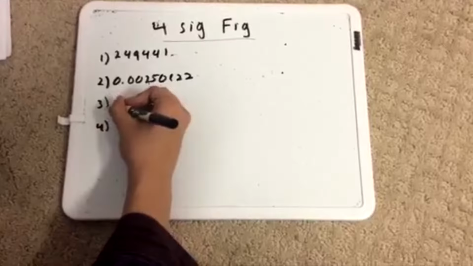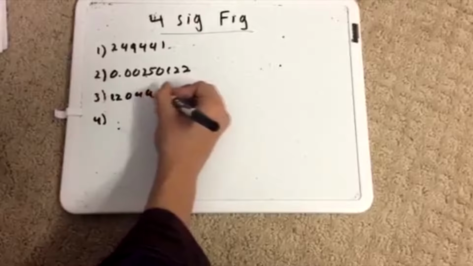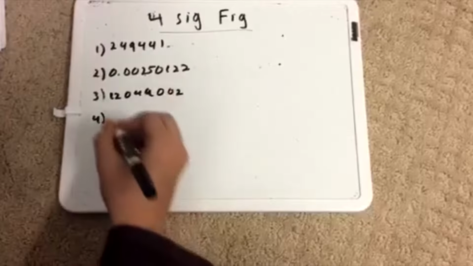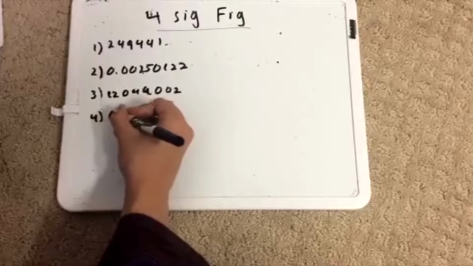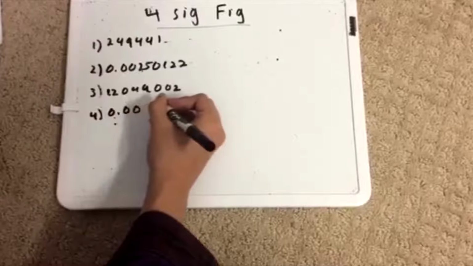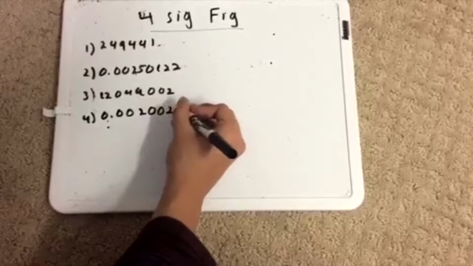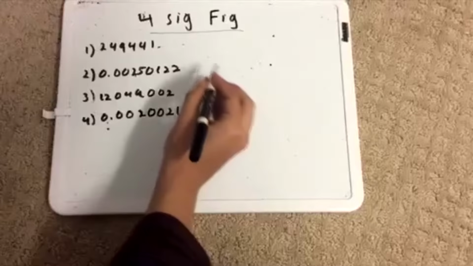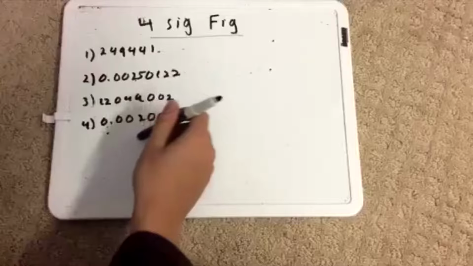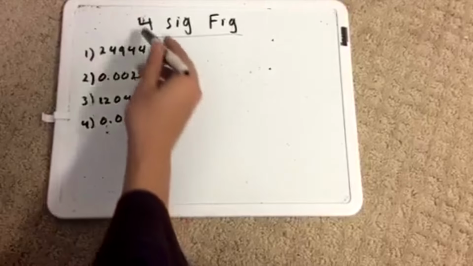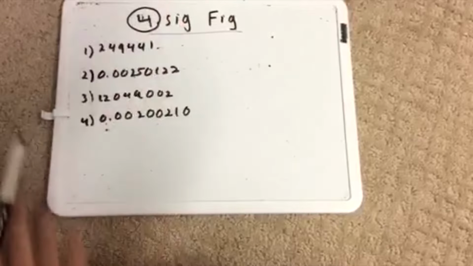Number 3 would be 1, 2, 0, 4, 9, 0, 0, 2. Number 4 would be 0.00, 2, 0, 0, 2, 1, 0. Now, after rounding it, what would your significant figures be? Keeping in mind that you're only supposed to round it to 4 significant figures.